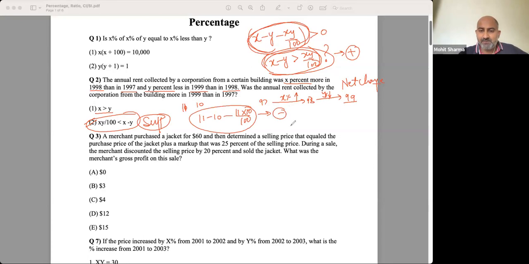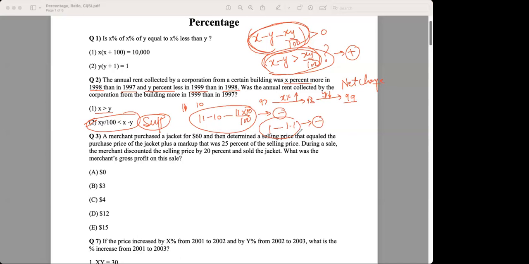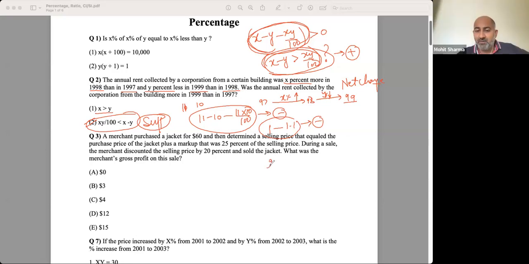You know, this would be 1 minus 1.1. This would be negative. But if X is a big number, let's say X is 20, Y is 10, this would be positive, ultimately.